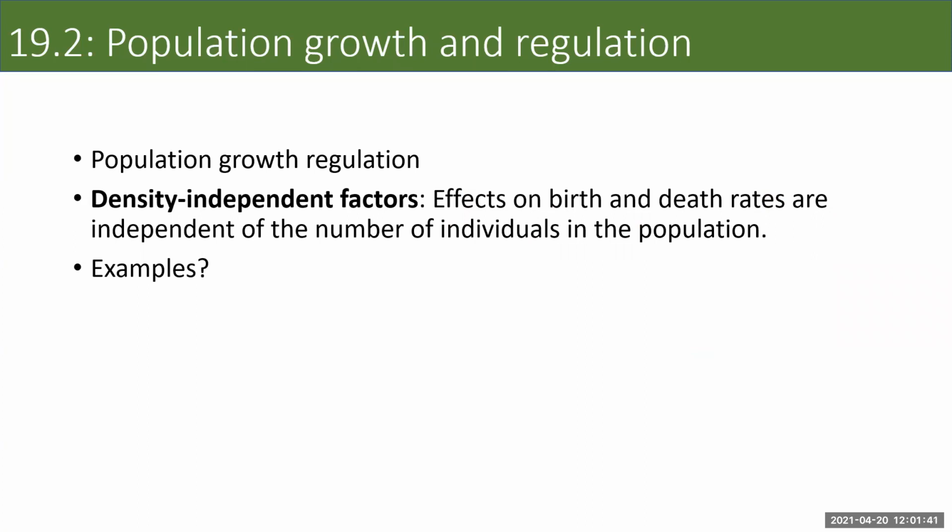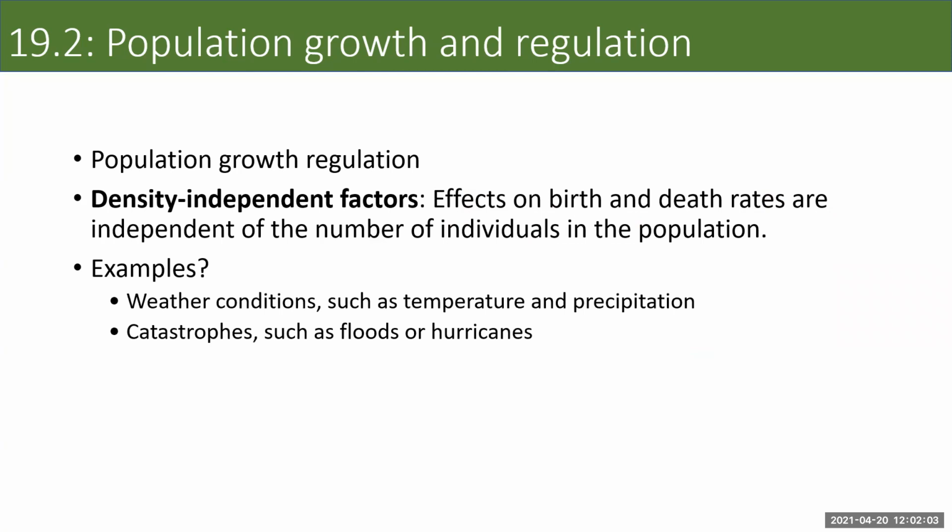Density independent factors are factors that affect the birth and death rates of the population, but they are independent of the actual density within the population, and so the number of individuals in the population, right? An example of this is weather conditions, catastrophes, natural disasters, those types of variables that affect the species numbers.